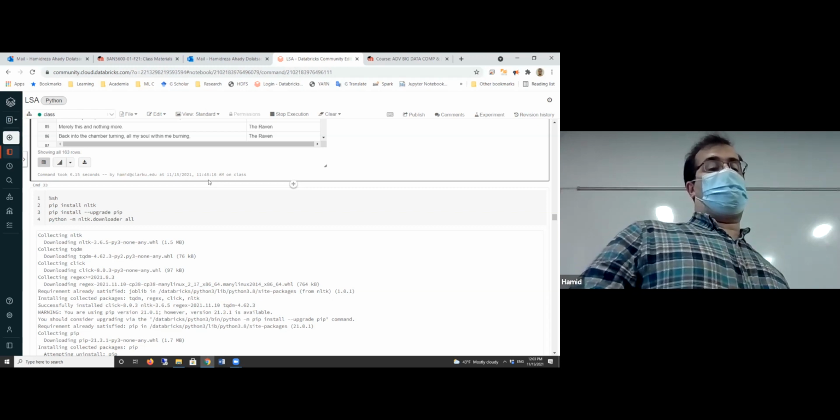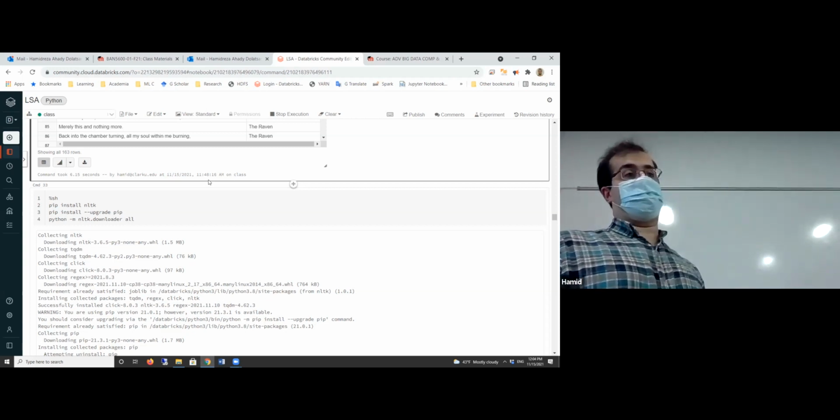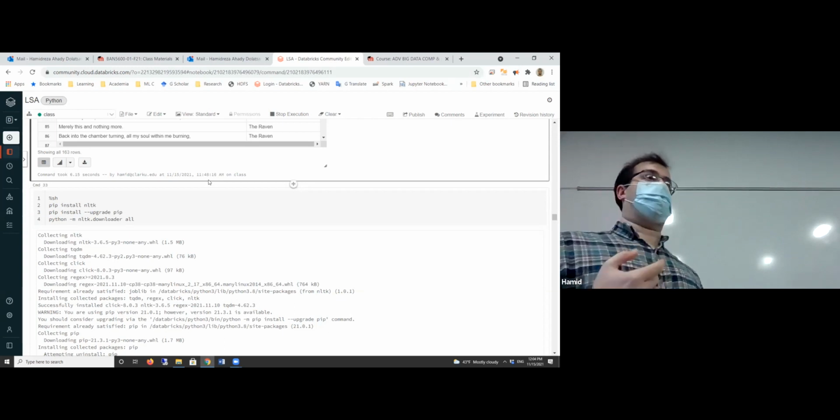I also upgraded the pip too. Sometimes you have to upgrade your pip installer, and basically from NLTK, I'm just installing every possible thing. So for being able to run the next code, you need to run this so you can have the NLTK package installed on your Databricks instance.